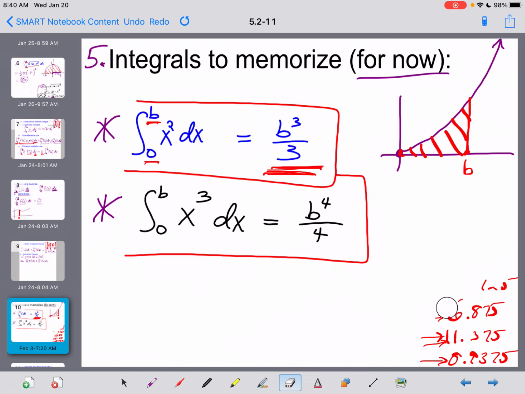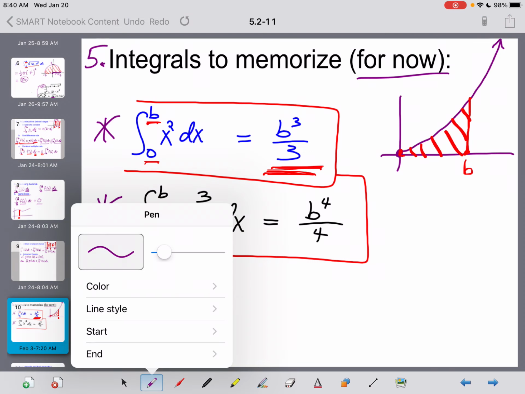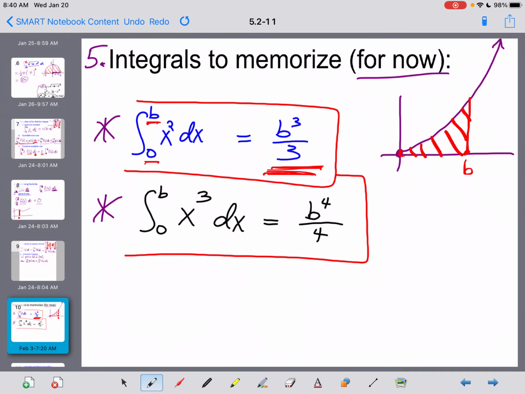And now I'm wondering at this point if we aren't starting to see a pattern in what's going on. So let's take a wild guess on the integral from 0 to b, and look at your integrands: x squared, then x cubed. Now let's try making it x to the 4th, taken with respect to x.